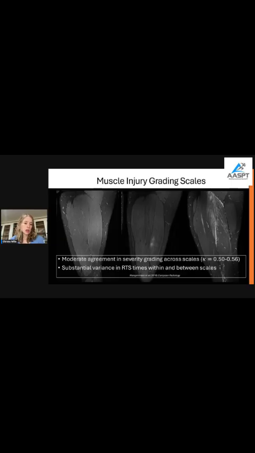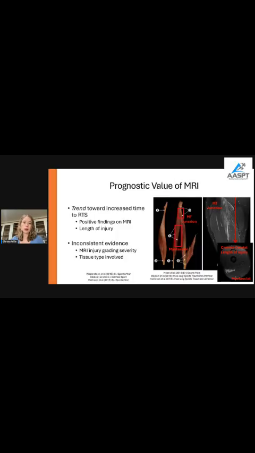So what's interesting to note here is that there is agreement in how radiologists score these scales. The reliability, the repeatability of the scoring, is appropriate, but there's substantial variance in how those grades correlate with return to sport time. So the prognostic value of MRI for hamstring strains at the time of injury is actually limited.